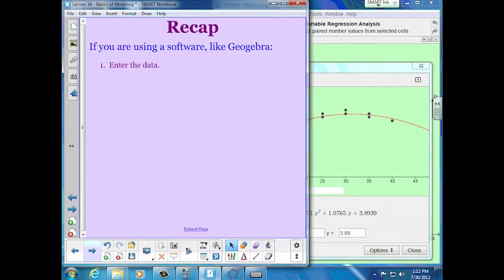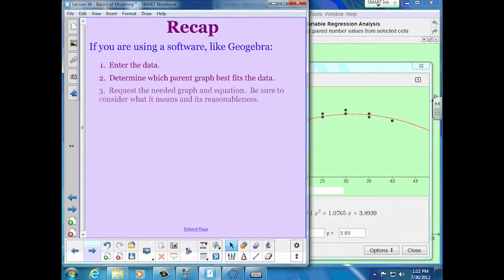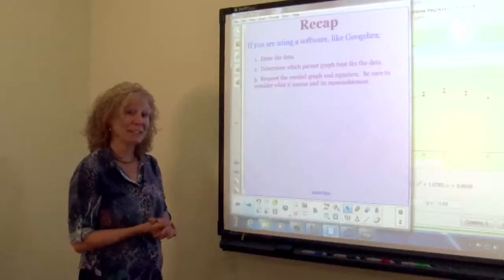First, of course, you're going to enter your data. Then, as you get it all plotted, realize that as you ask it to do a regression, it helps if you have an idea of what would fit best. Then, get your graph and your equation and be sure to consider the reasonableness and what it all means.